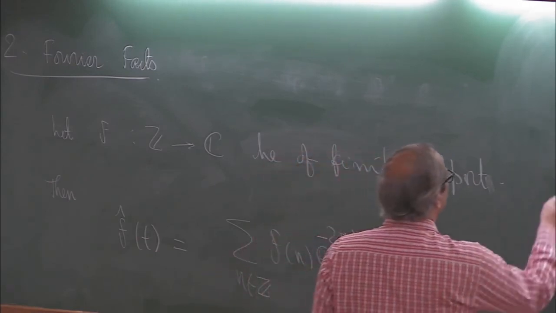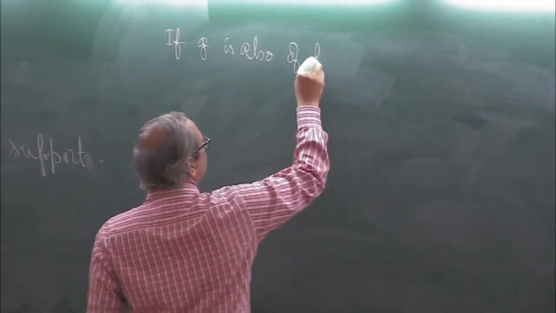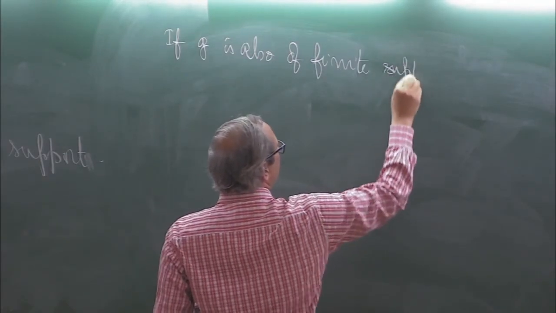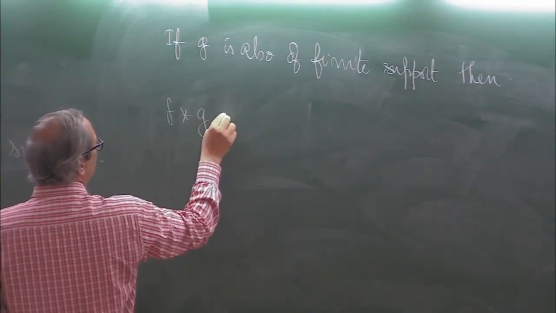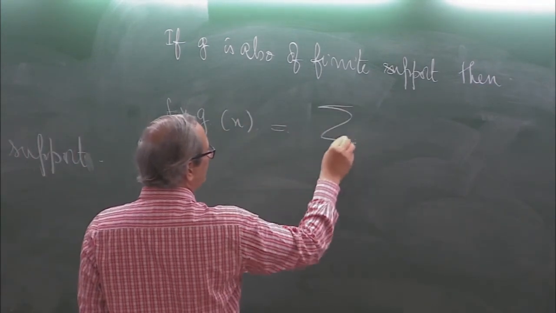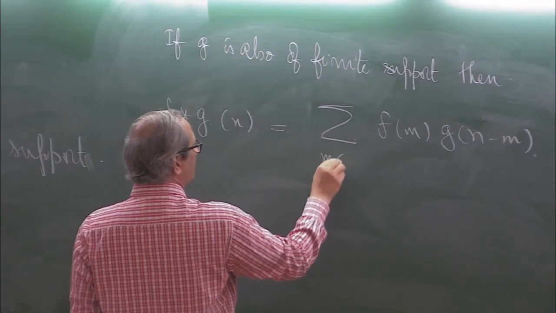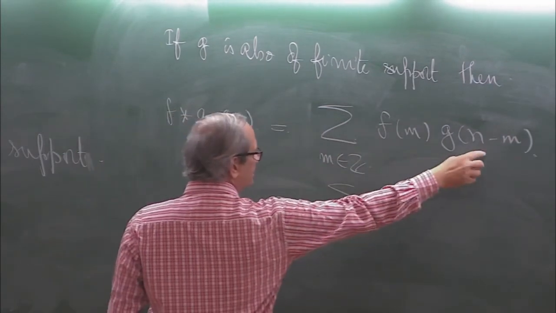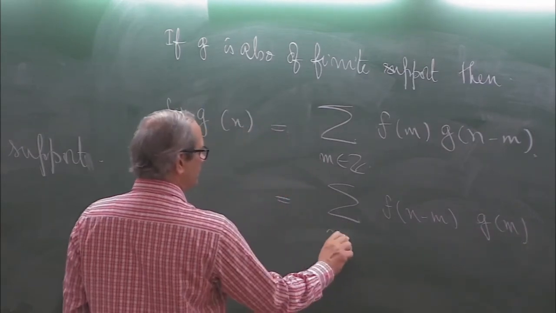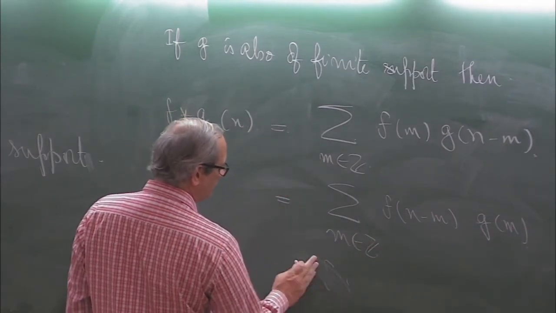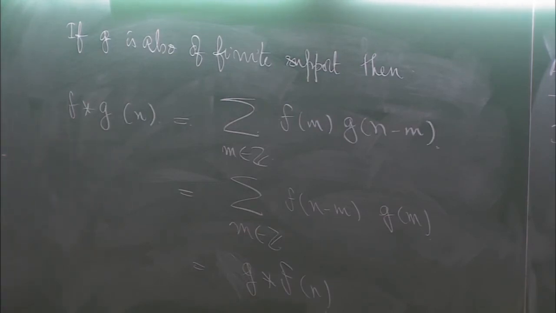One also defines, together with this, if g is also of finite support, then f convolution g at n is the sum of f of m g of n minus m, m in Z. It is easily checked, by changing n minus m to k for example, that this is the same as the sum of f of n minus m g of m, m in Z, which tells you that the order of the two functions doesn't matter.